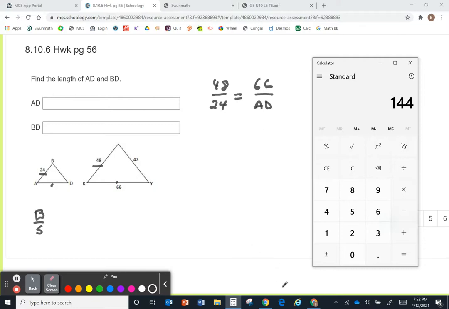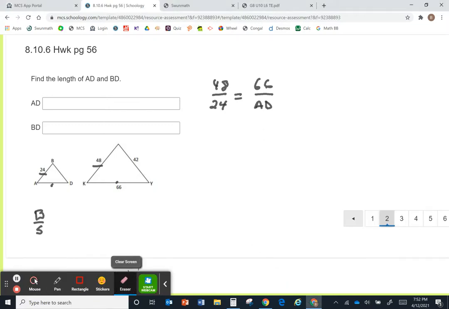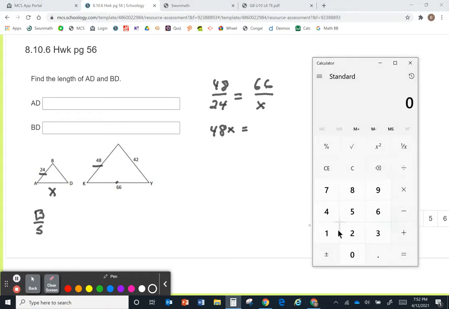Instead of AD, we'll call it X. AD is the same as X. So 48X equals 24 times 66. Where's my calculator? 24 times 66 is 1584.